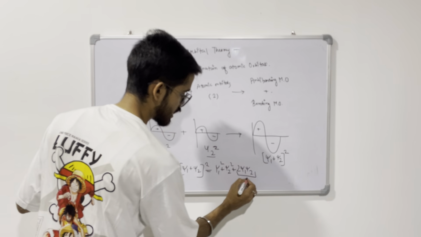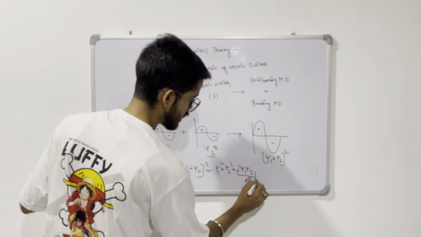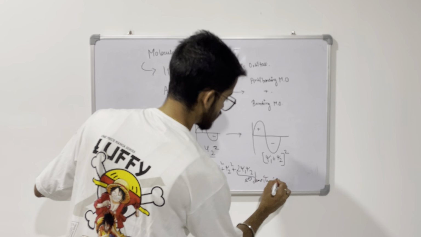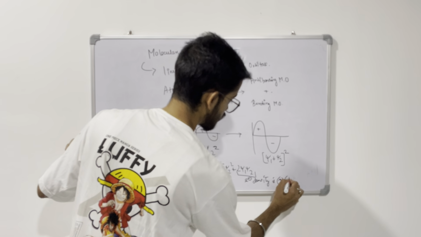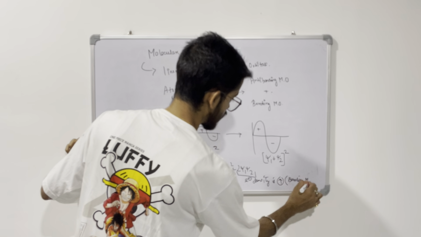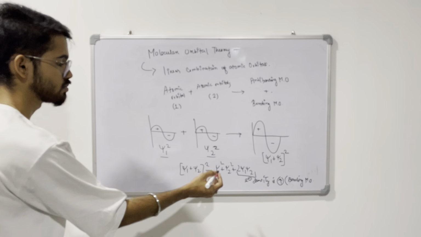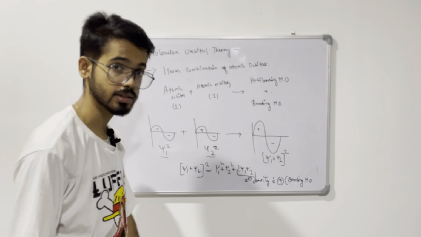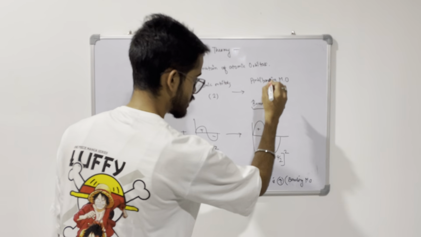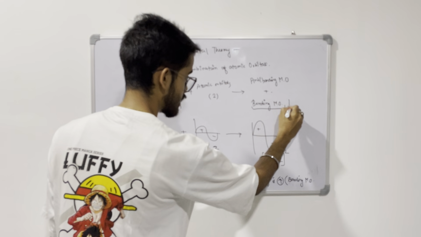This much electron density is increased in the case of the bonding MO. That is why electron density increases and energy decreases.